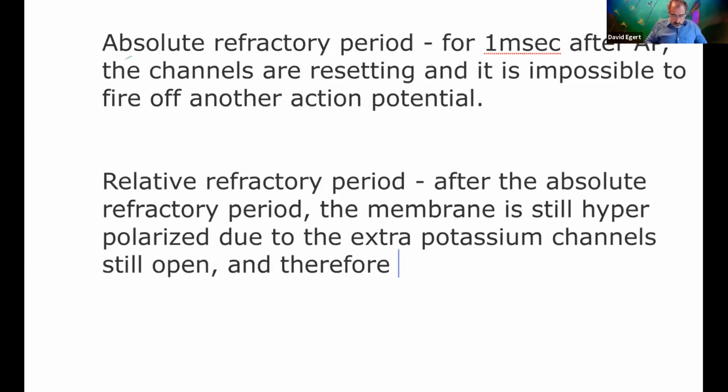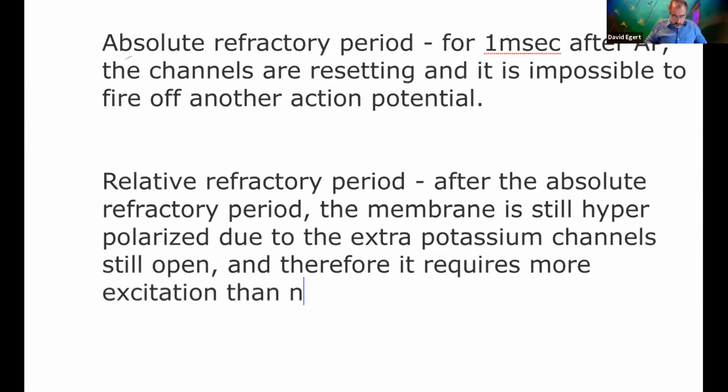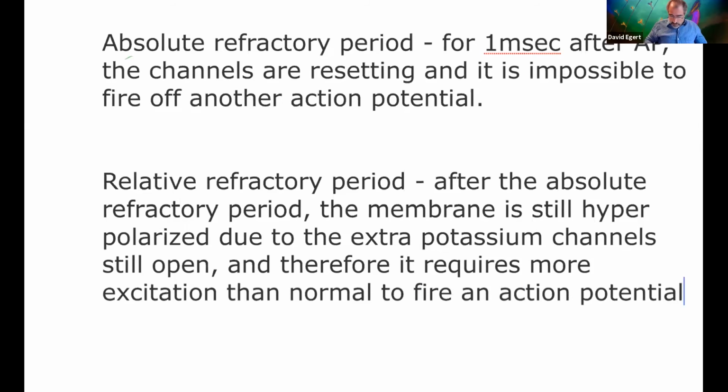And therefore, it requires more excitation than normal to fire an action potential. So in the relative refractory period, it's possible to fire off an action potential, but it's harder.